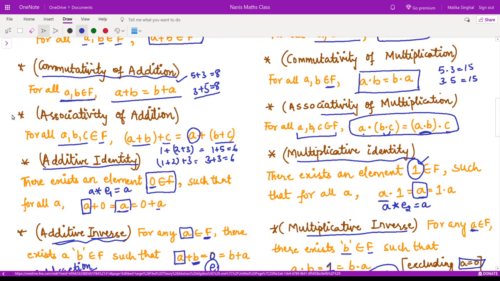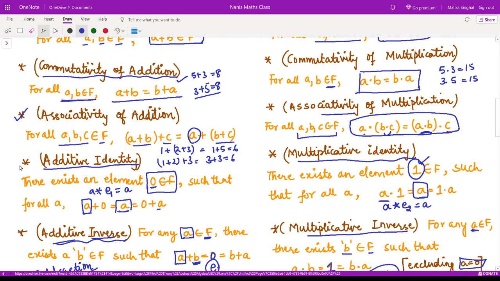We have associativity of addition, the additive identity, additive inverses, and commutativity of addition. These four properties form a commutative group under addition.